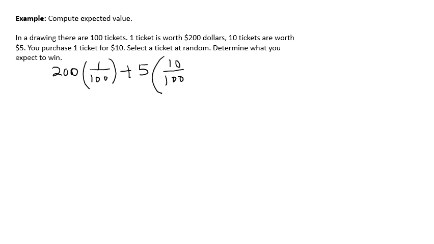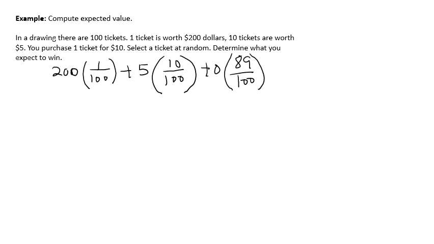There are 10 tickets worth $5. All the remaining tickets are worth nothing. So 0 times the remaining tickets, which we really don't have to calculate because we're multiplying by 0, but I'll just show you. Well, there are 89 tickets out of the 100 that win nothing.